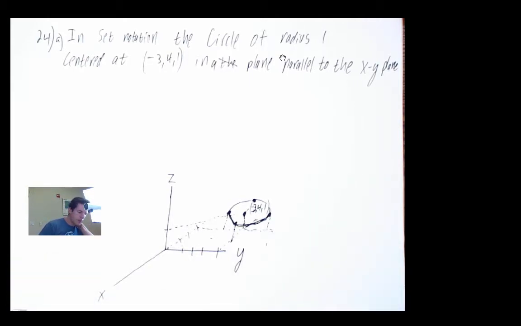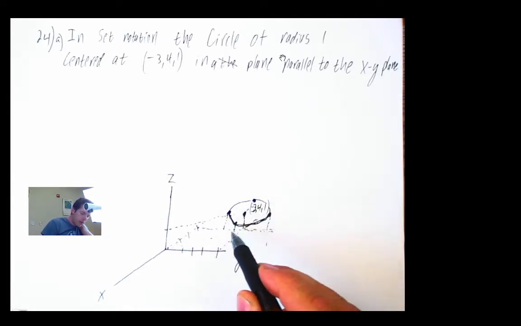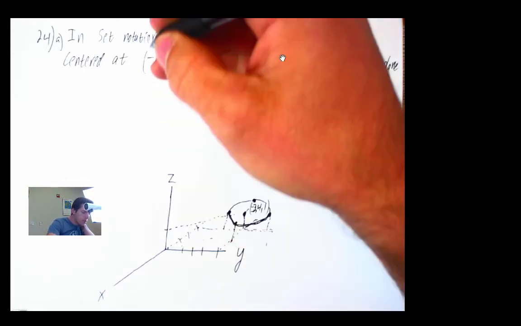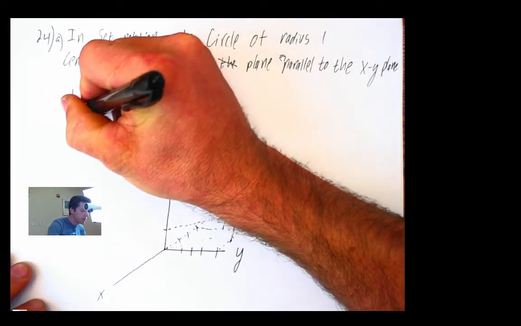Describing this in set notation, let's see. A circle of radius 1, well, you have that kind of x squared plus y squared plus z squared kind of stuff. And centered at (-3, 4, 1), parallel to the xy plane. That means that we're going to have a constant z coordinate, right? Every point here has the same z coordinate. z is 1. So maybe I could have that as part of my description.